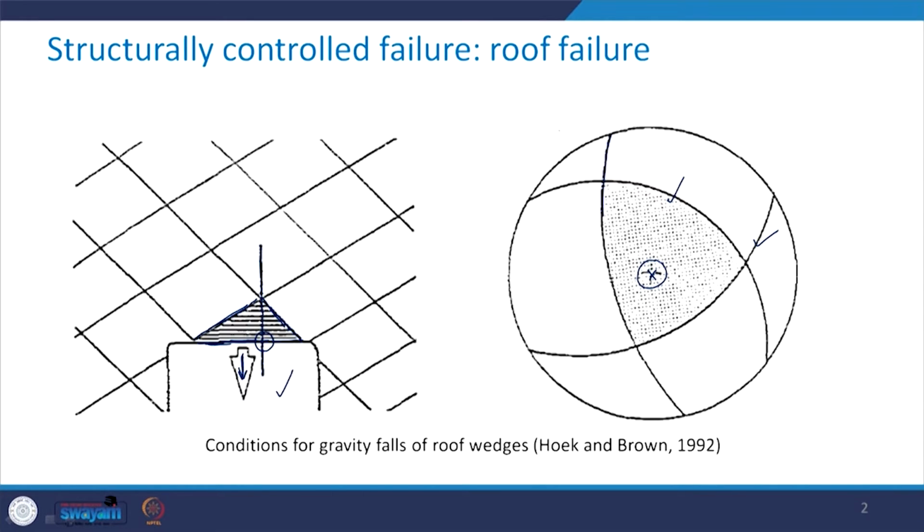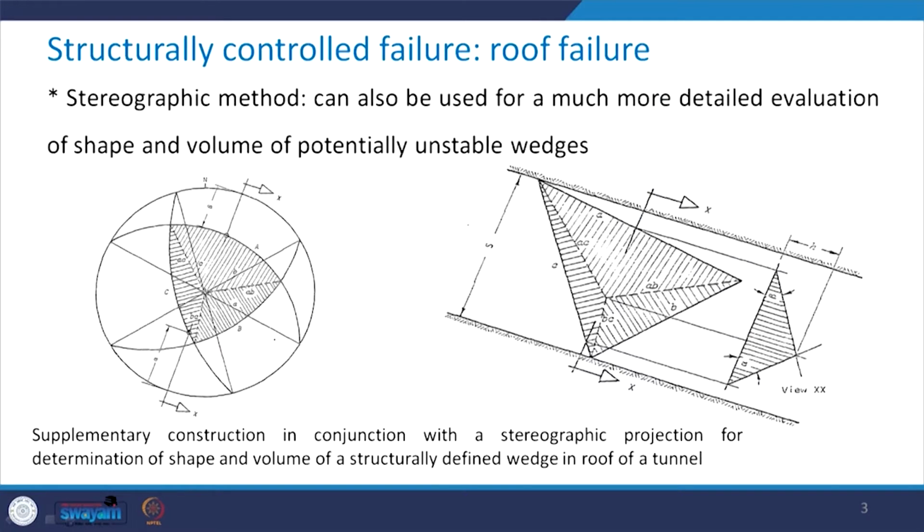If this is lying within the intersection zone of these three great circles, then this condition will be satisfied, that the vertical line passing through the apex of the wedge is also within the base of the wedge. I mentioned in the previous class that the stereographic method can also be used for a much more detailed evaluation of shape and volume of potentially unstable wedges.